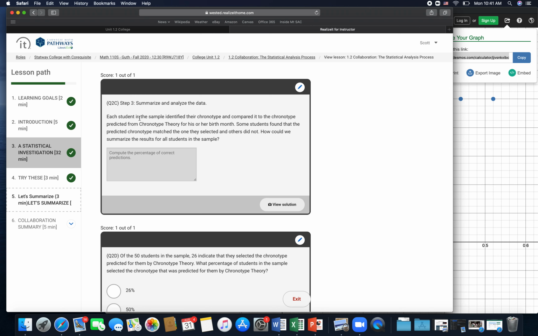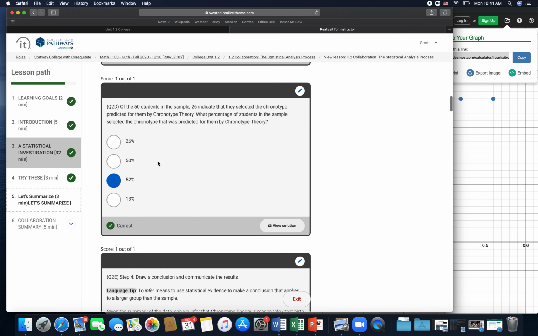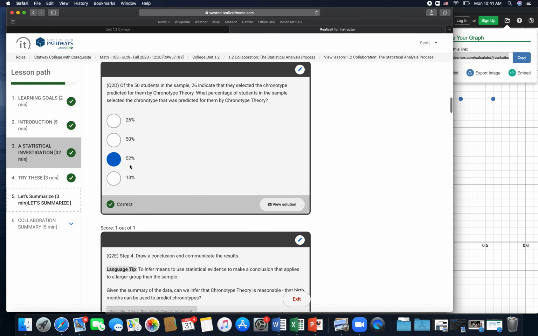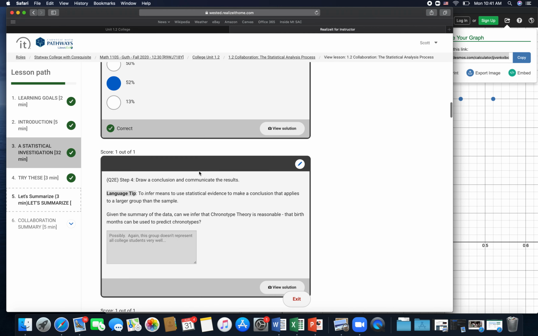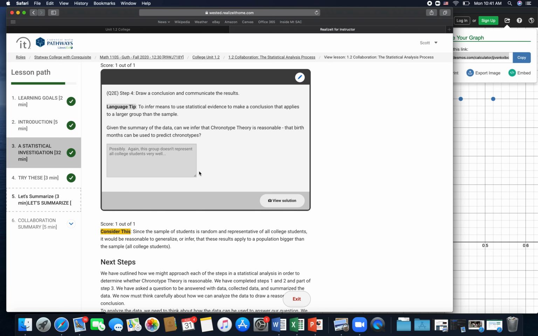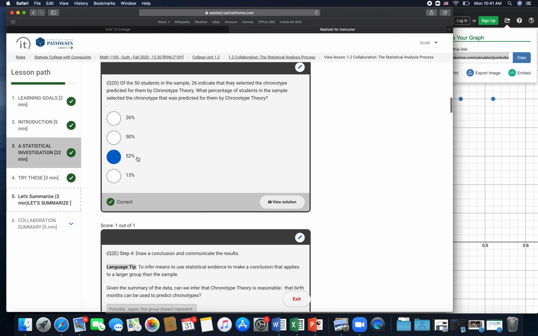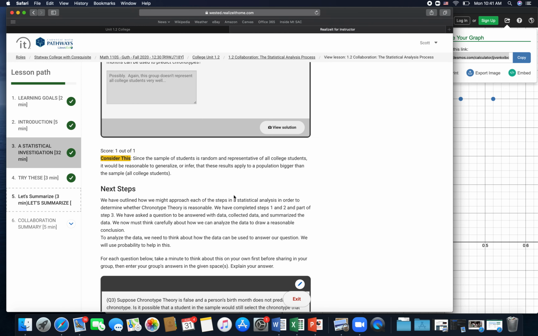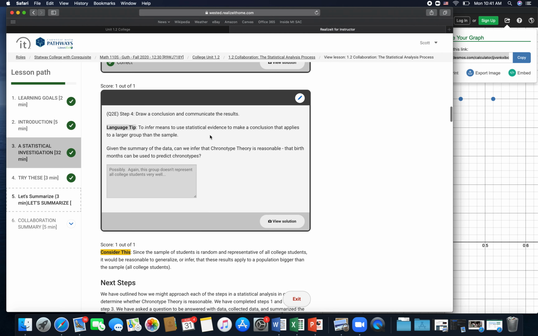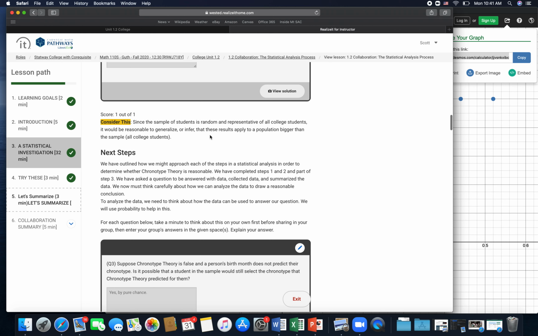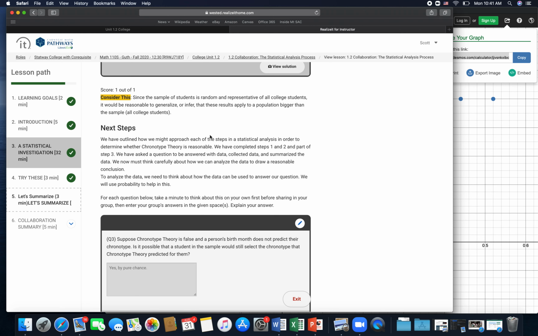So our summary value on question 2C here is to compute that percentage, and with this hypothetical class they got 52%. Now the last step is whether you think the 52% supports the theory. And I'm not really ready yet to say that it supports it. This is just one class, and they're talking about all college students.